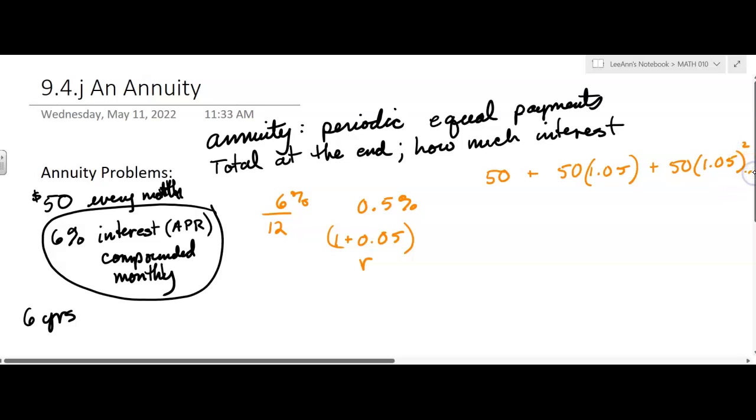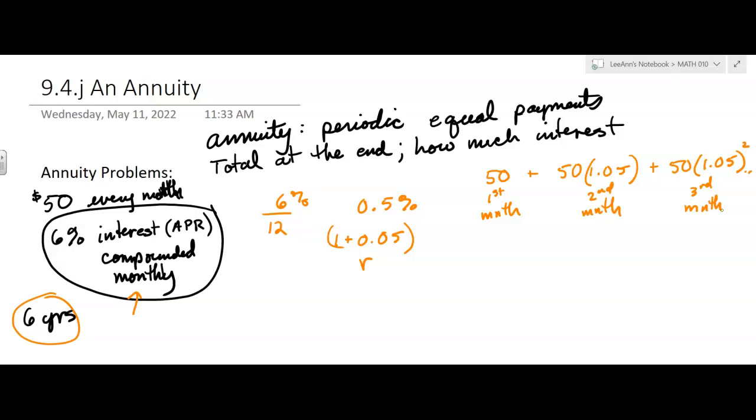And then it's going to keep going, and it's going to only go for 6 terms, okay? I'm sorry, I take that back. It's for 6 years. Now remember, this is being compounded monthly. So this is like the first month, second month, and then eventually in third month, and then we want to add these up because that's just telling you how much you had for that month, how much more you put in. But we want to total it up so we know how much is at the end, okay?